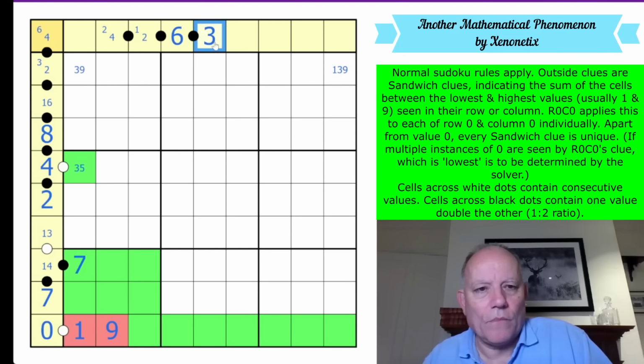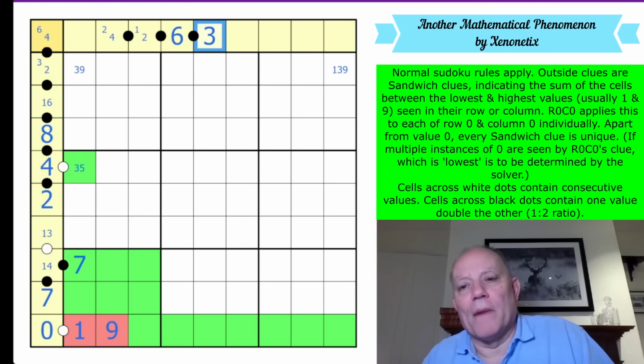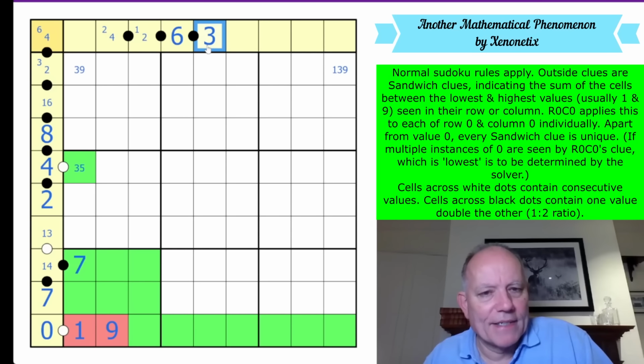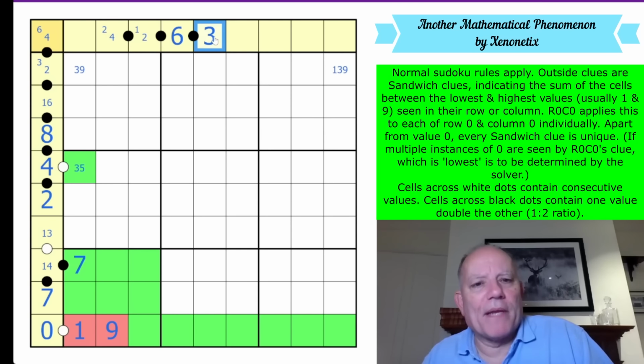Right. Now I'm wondering if 3 can't be the lowest for the same sort of... well, it's interesting actually. Is 3 the lowest digit in this row? You could bear in mind that we haven't yet investigated where multiple instances of 0 are seen by that. But that might be a red herring, brilliantly left in by Xenonetics. So we have to eliminate the possibility of 3 being the lowest thing in this row.